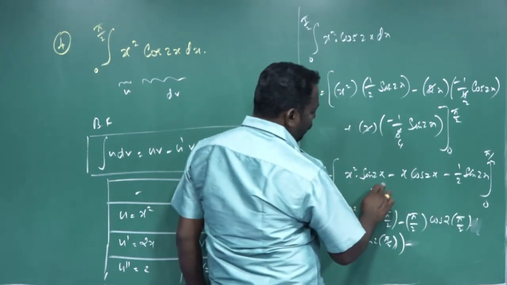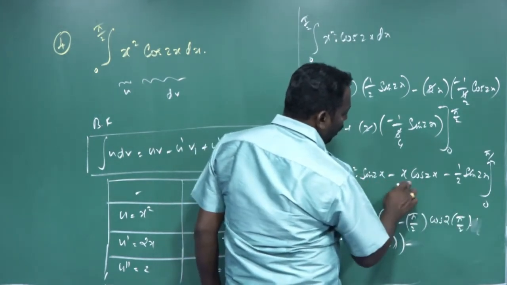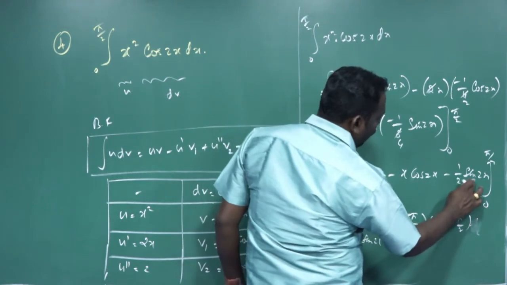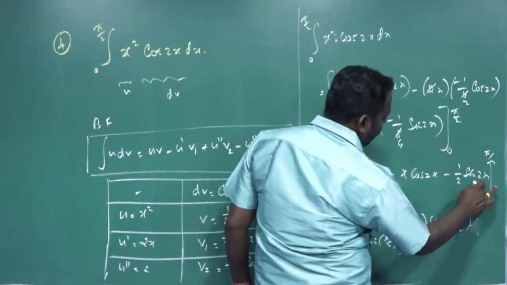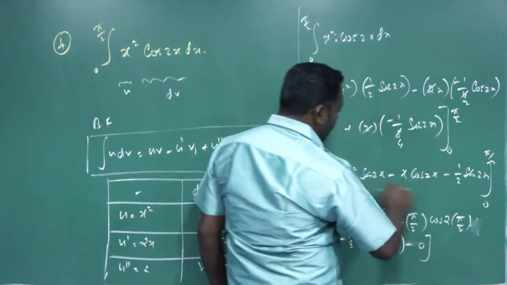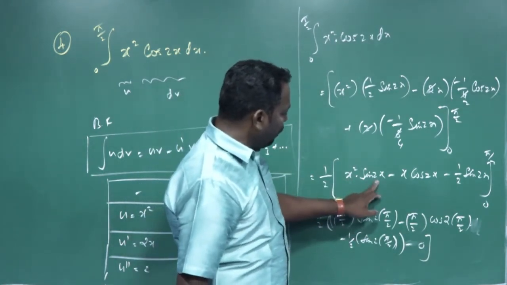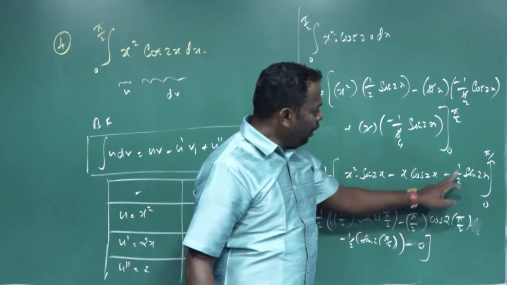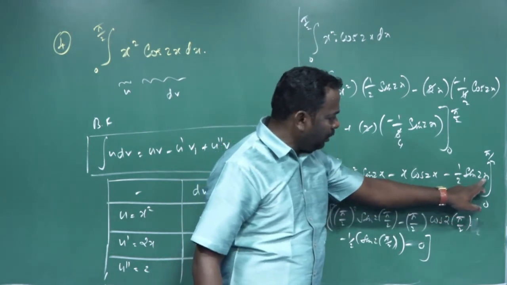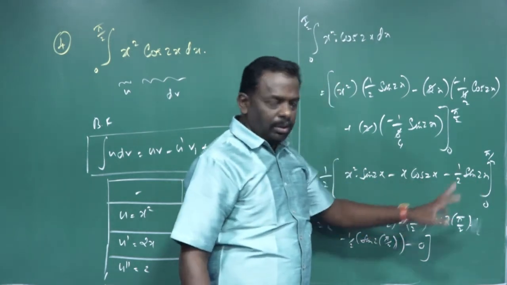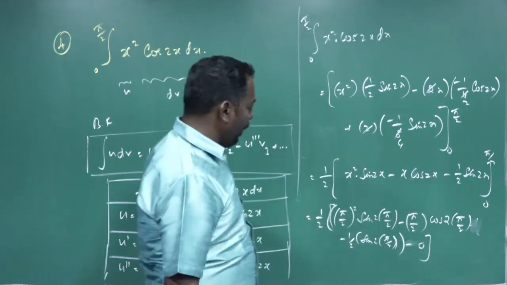Each term is 0, since 0 into sin 2 into 0 is sin 0. Totally the lower limit value equals 0, because sin 0 equals 0.